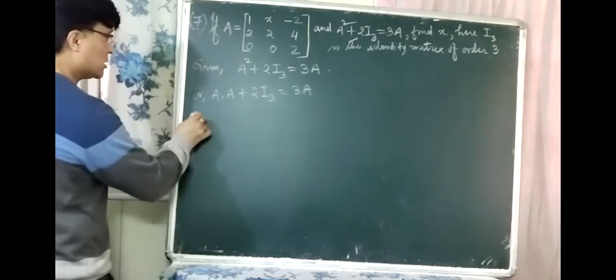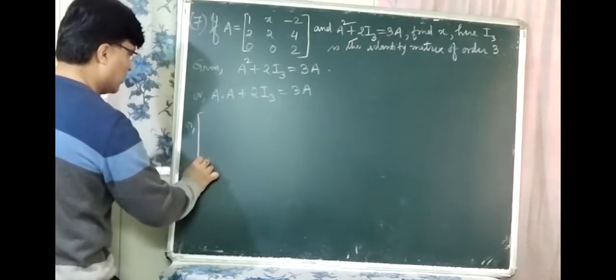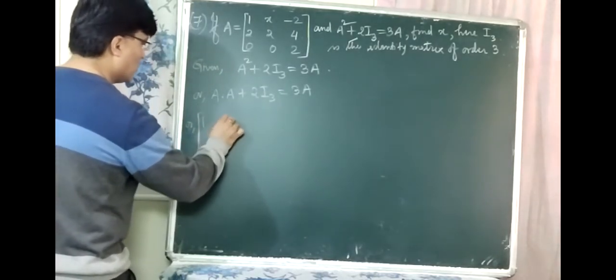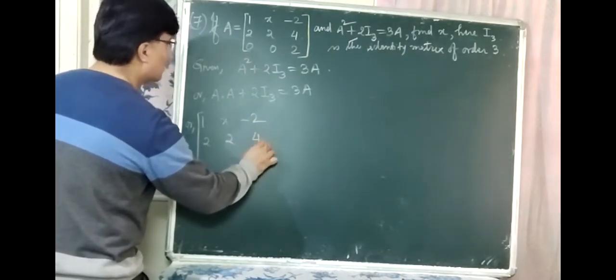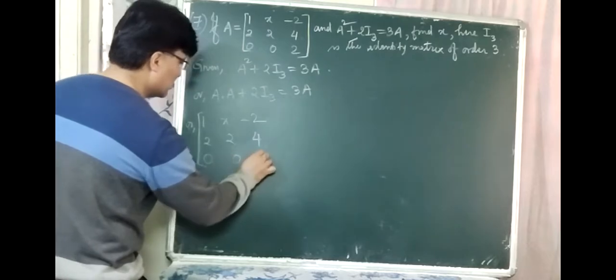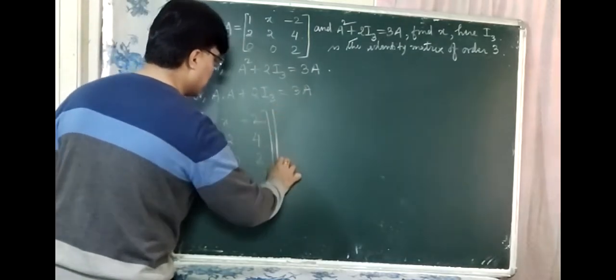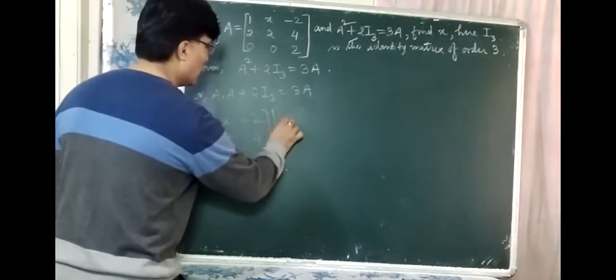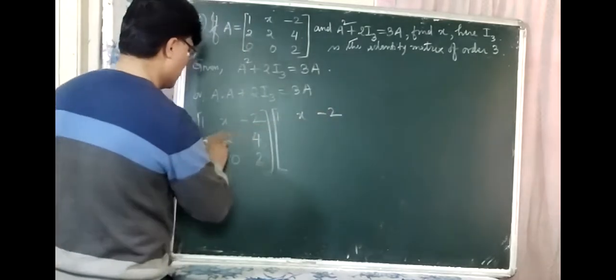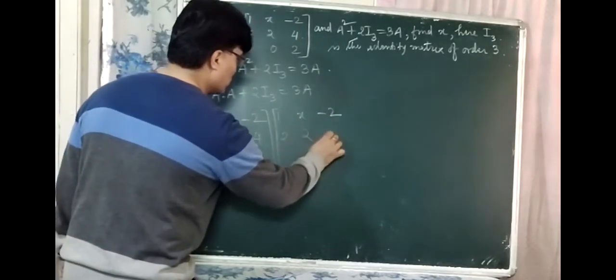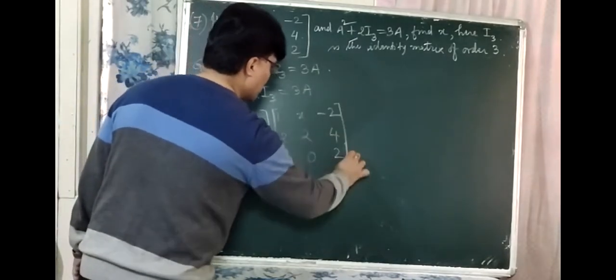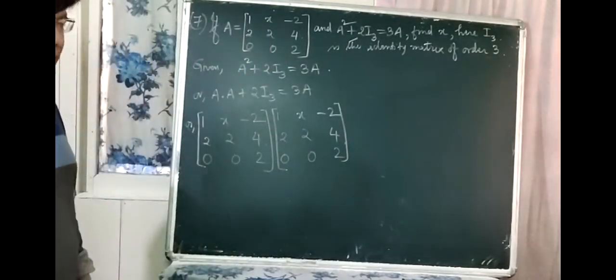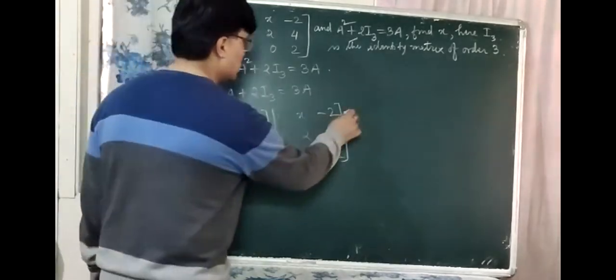Now let us put in the value of the matrix A. What is matrix A? Row 1 is 1, x, -2; row 2 is 2, 2, 4; row 3 is 0, 0, 2. Same matrix A dot A, plus 2 times I3.